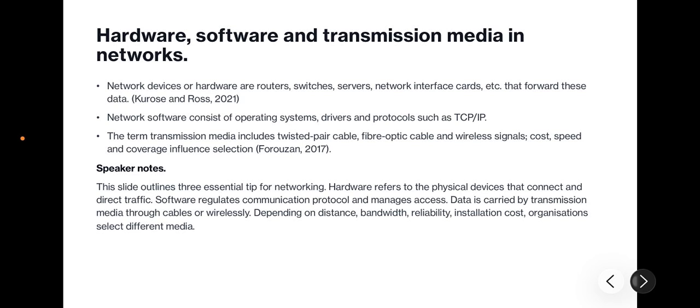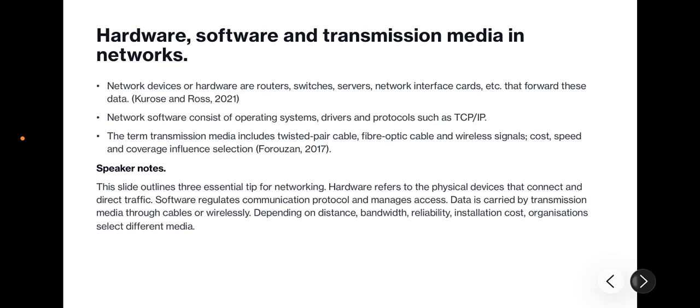Network software consists of operating systems, drivers, and protocols such as TCP/IP. The term transmission media includes twisted pair cable, fiber optic cable, and wireless signal. Cost, speed, and coverage influence selection.